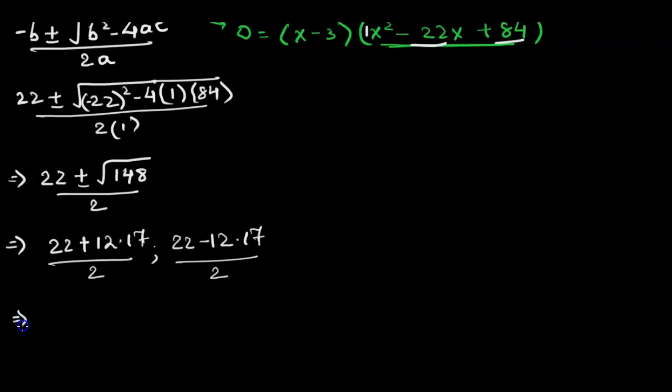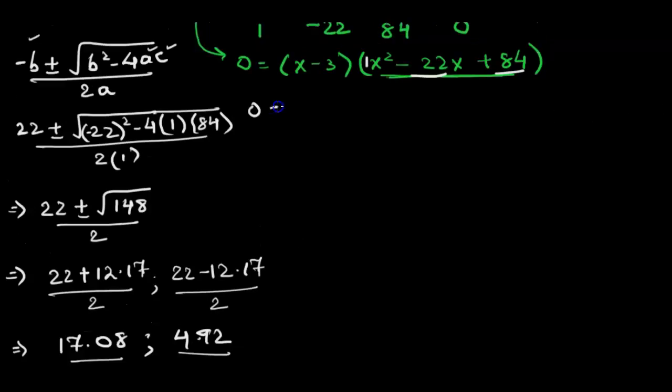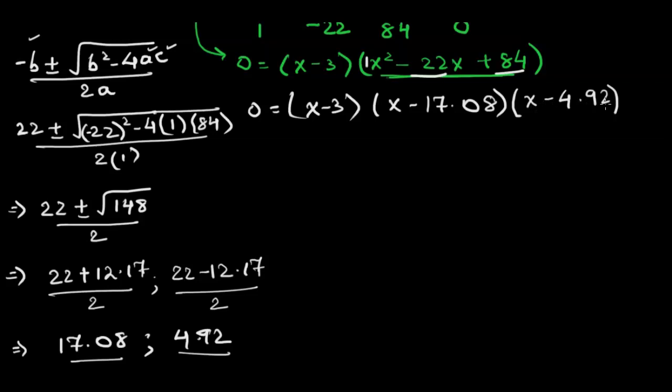The results would be 17.08 and 4.92. Therefore, the two x-intercepts or two roots that we get from the quadratic formula we can write down in factored form as 0 equal to x minus 3, and in brackets x minus 17.08 and x minus 4.92.